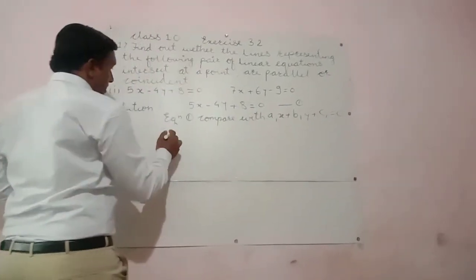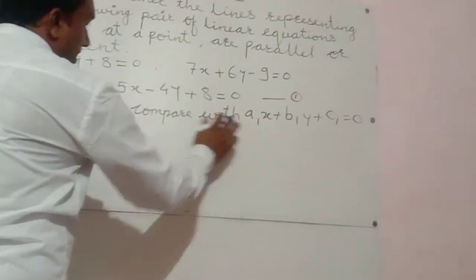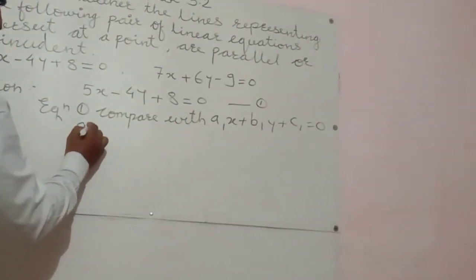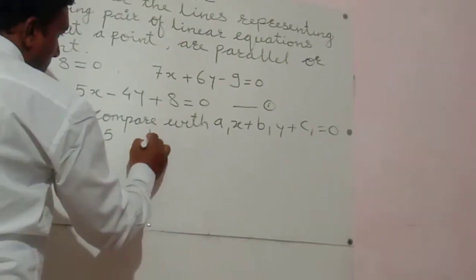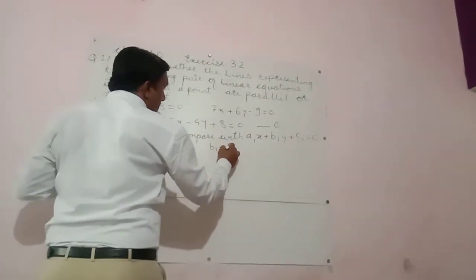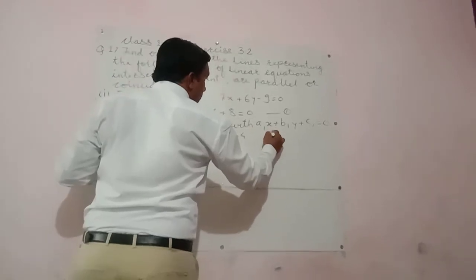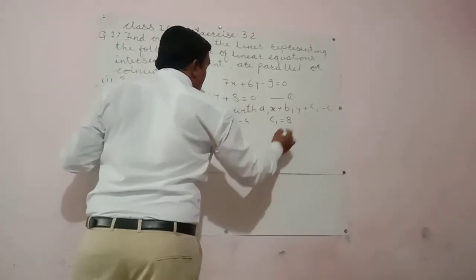So here when we compare, we get a1 equal to 5, b1 equal to minus 4, c1 equal to 8.